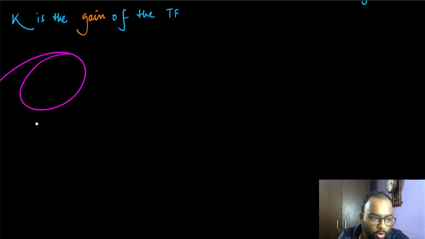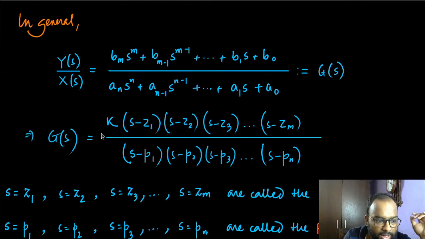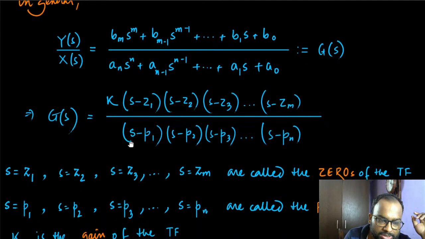This sort of form, where we factorize everything and express the transfer function this way, we can see the poles, we can see the zeros, and we can also see the gain.